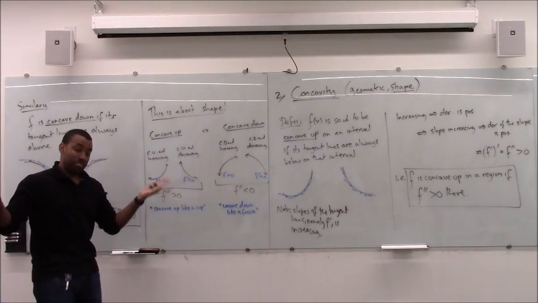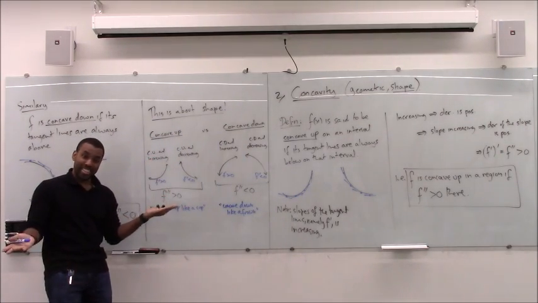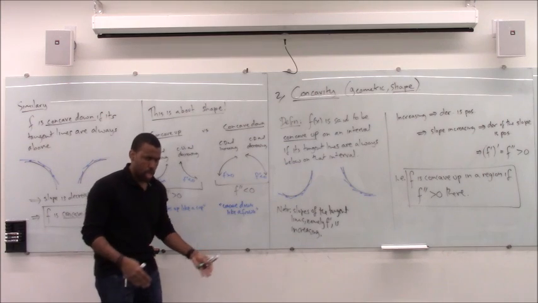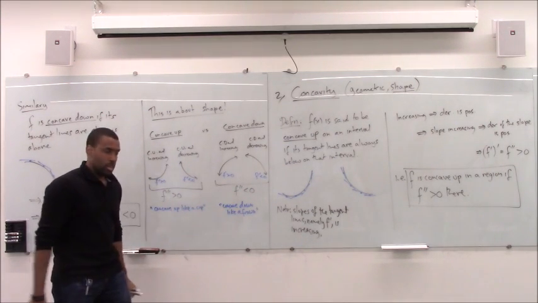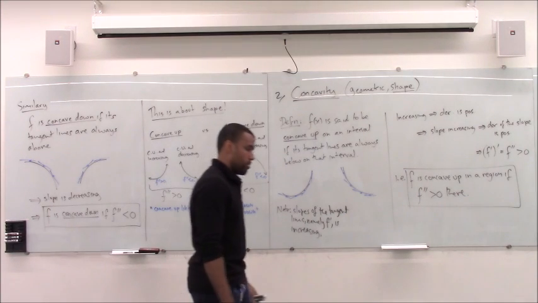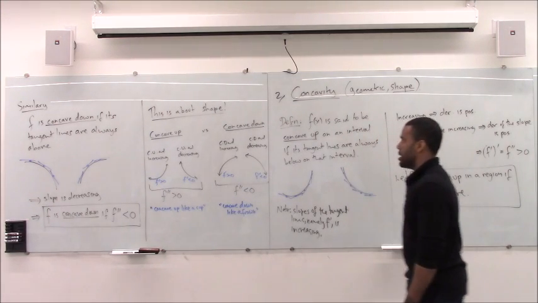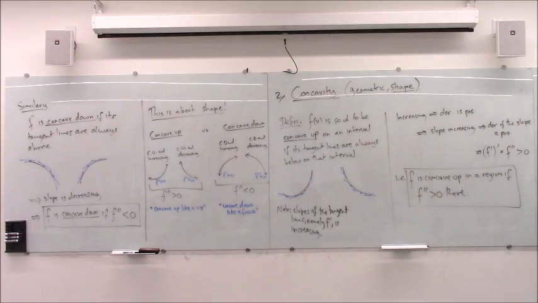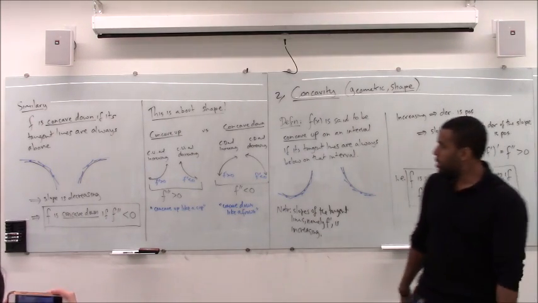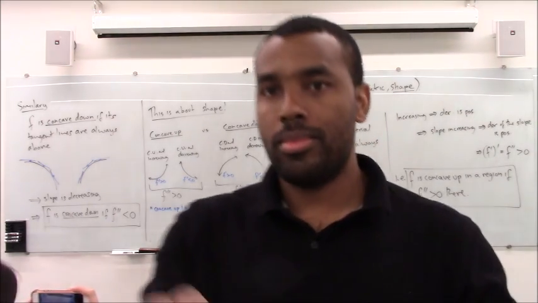Concave up like a cup, you're happy, you're smiling, you're feeling positive. Concave down like a frown, you're sad, you're feeling negative. Right? In terms of the second derivative. And it tells us about the shape of the graph. We'll talk about the consequences of that next time. Some ideas, very important ideas for you. We'll stop there. Pick up with that tomorrow.